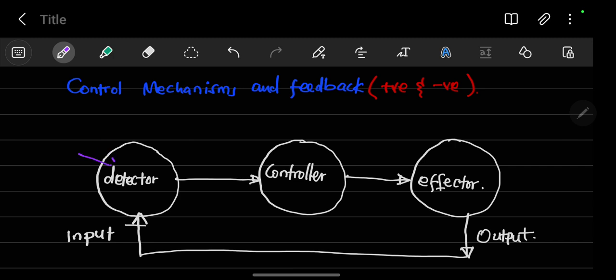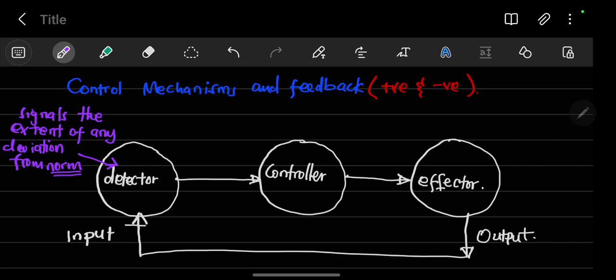So we shall say that our detector signals the extent of any deviation from our norm.